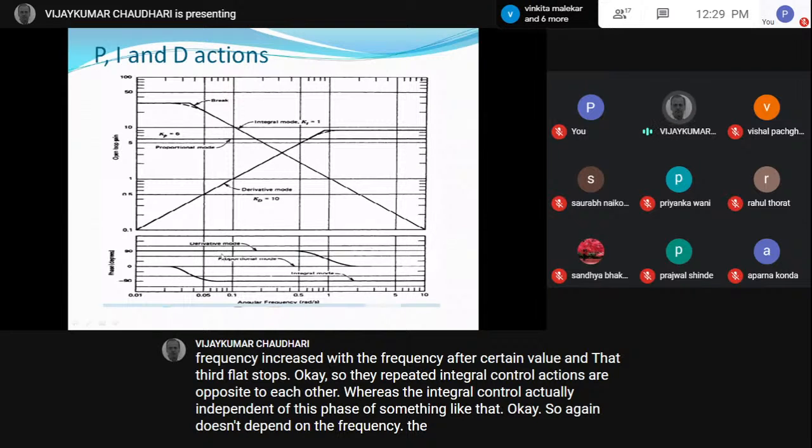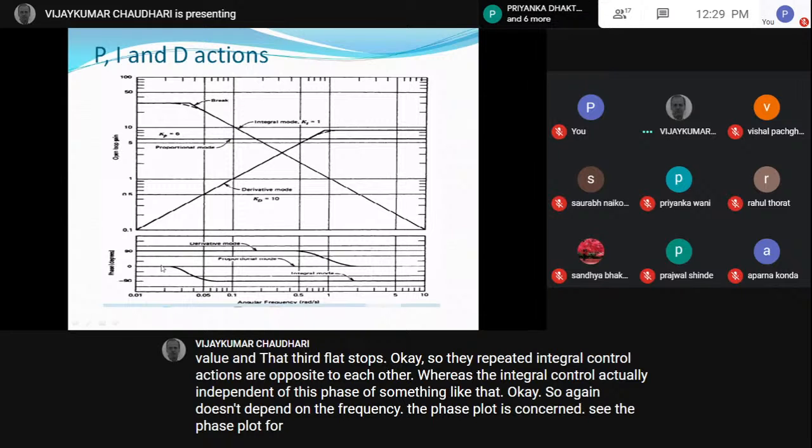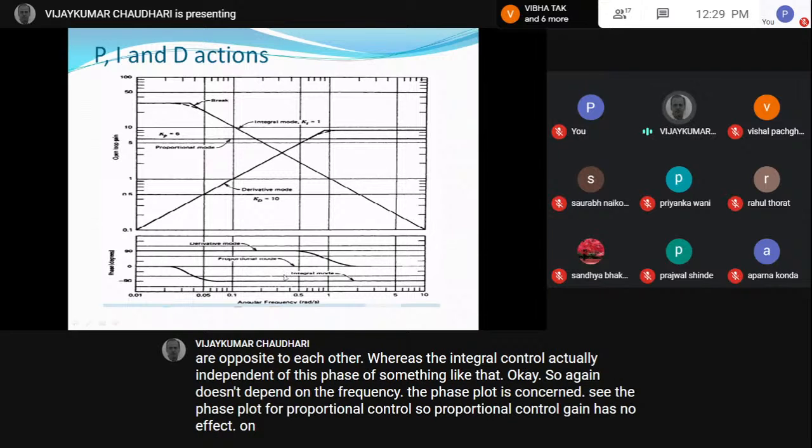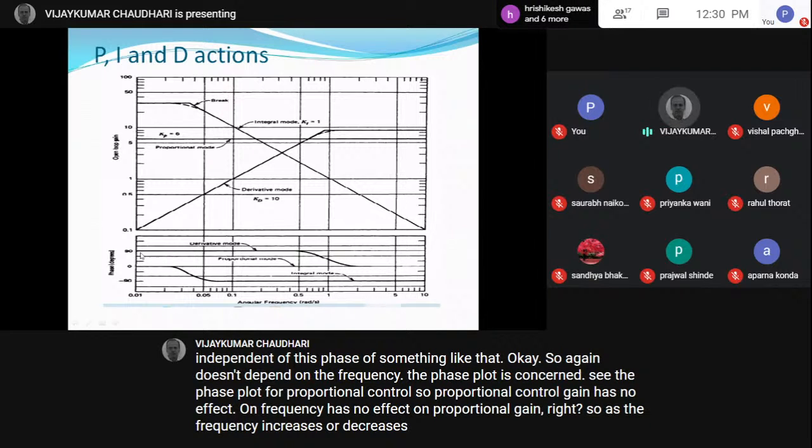Whereas as far as the phase plot is concerned, see the phase plot for proportional control. Proportional gain has no effect on frequency. As the frequency increases or decreases, proportional gain remains constant.